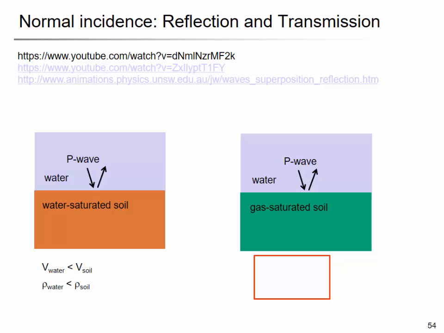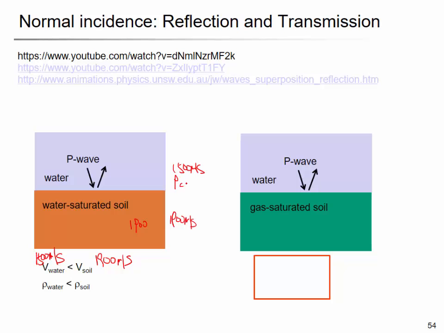And in the water saturated soil, the P wave velocity is about 1900 meters per second, right? 2000 meters per second. So this is about 1500 meters per second, and 1900 meters per second. And what's the density?